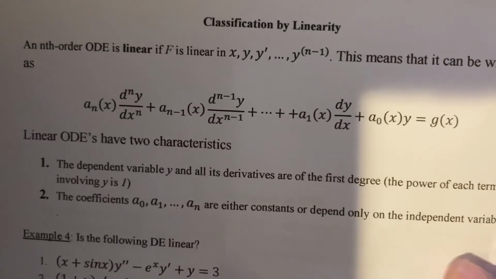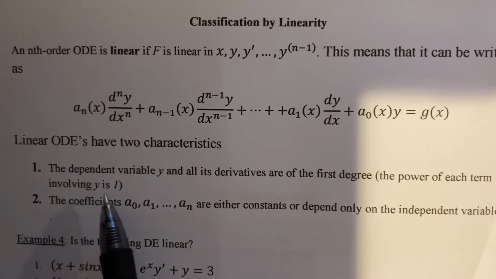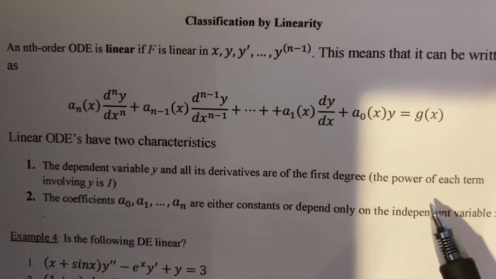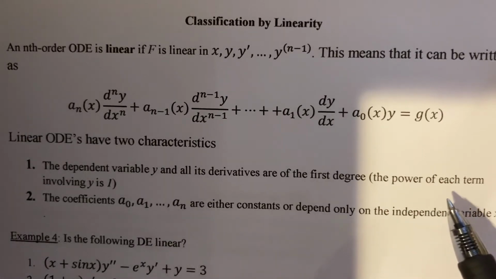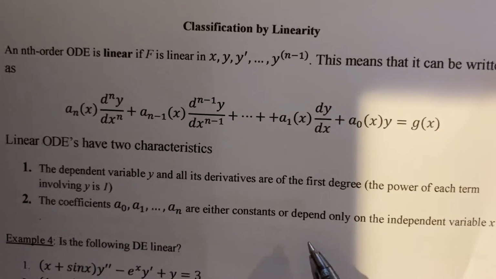So two key characteristics of ordinary differential equations said to be linear. The dependent variable y and all its derivatives are of the first degree, so the power of each term involving y is 1. The coefficients a sub 0, a sub 1, up to a sub n are either constants or depend only on the independent variable x.